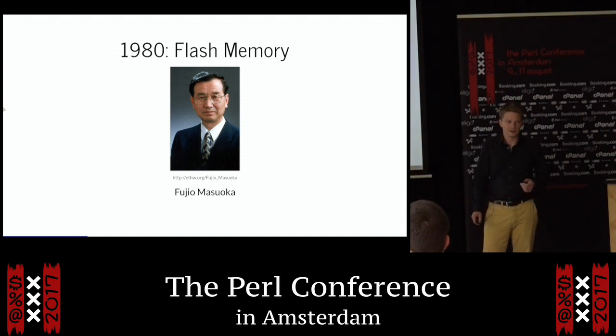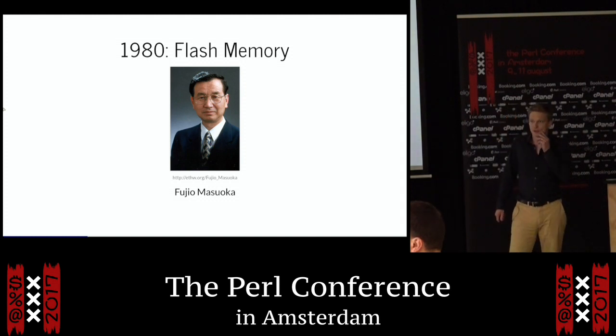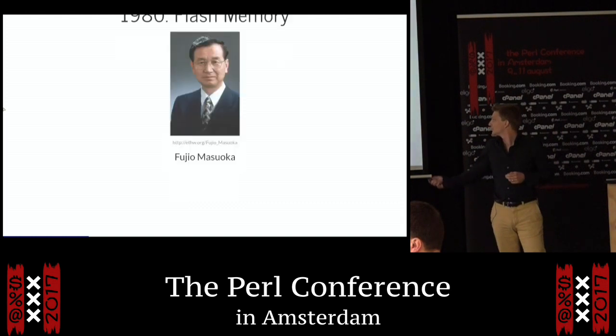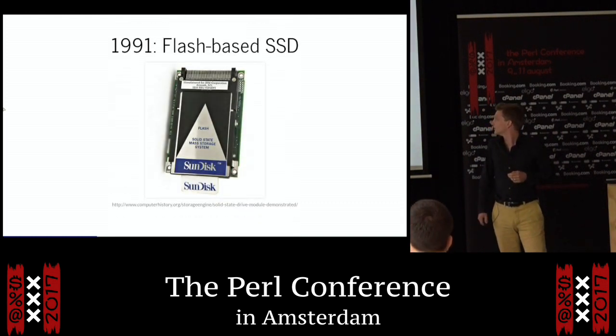This way he got rid of disturbances between neighboring cells when erasing, and he also sped it up, because it's way faster to erase one big block at once than many small blocks at a time when you need them. As I said, he worked for Toshiba, but they were not interested in this. So he presented his idea in the States, and SanDisk built the first flash-based SSD.